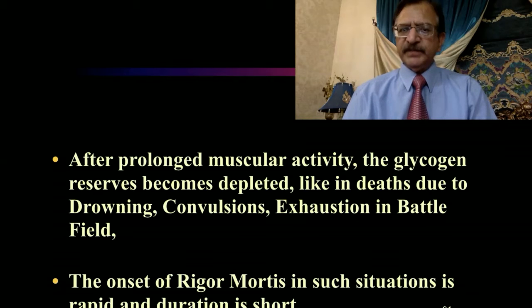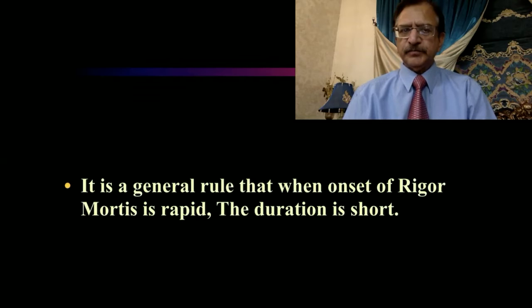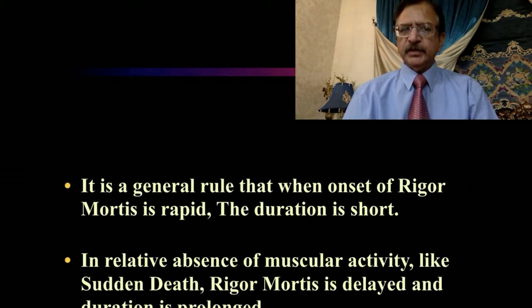And the onset of rigidity in such a situation will be rapid and duration will be short. So it's a general rule that when the rigor sets in early, duration is short. With relative absence of muscular activity, like sudden death, the rigor mortis is delayed and the duration will be prolonged.